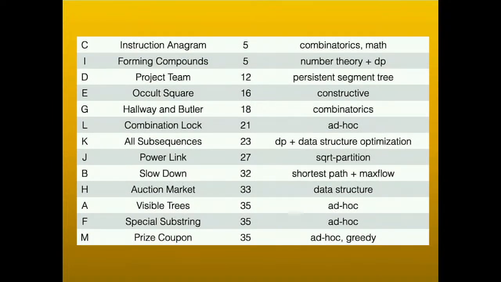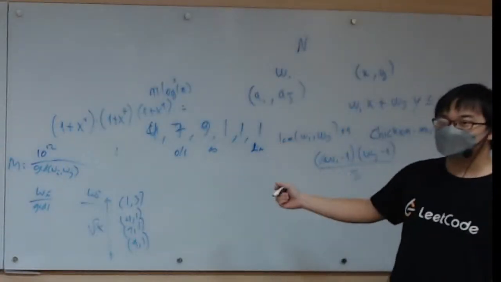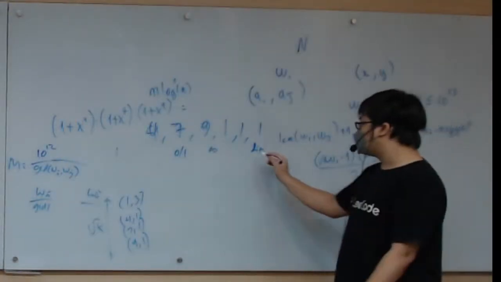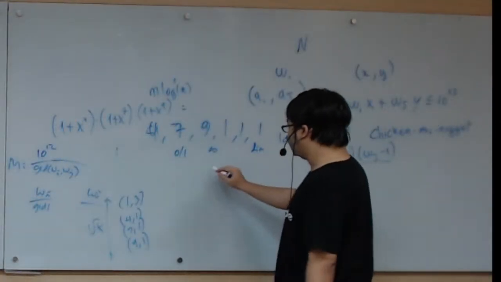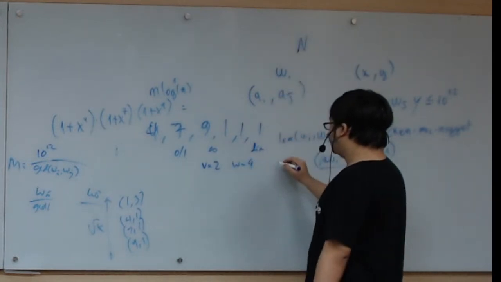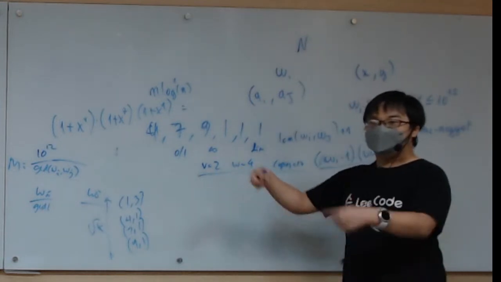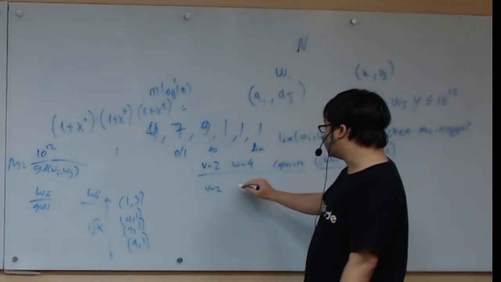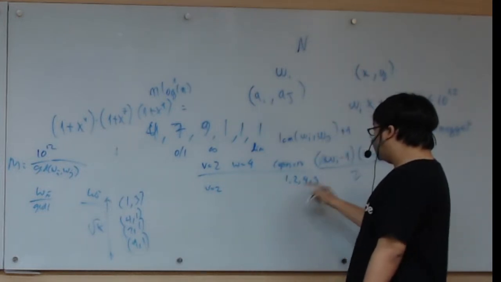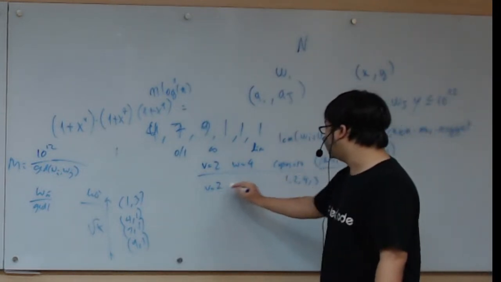But if there is a limited number of copies of each item, you can actually solve it by doing something like this. Let's say there is a value 2, weight 4, and the number of copies is 10. Then you can duplicate this item by making copies of different sizes.